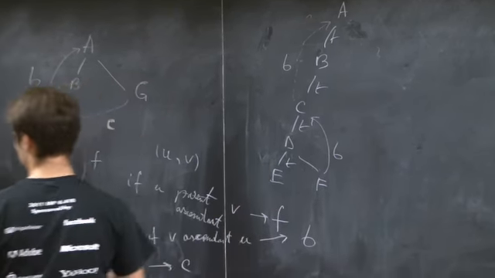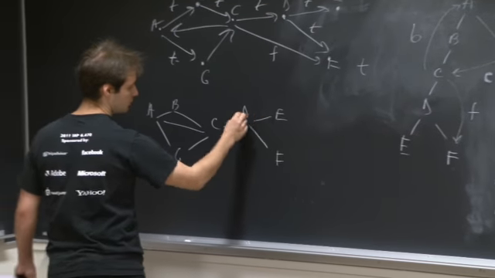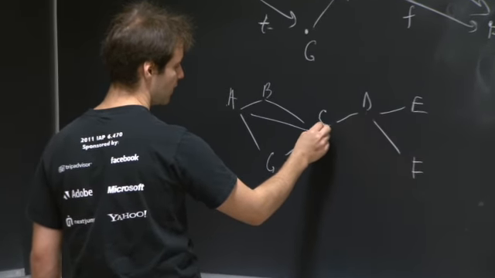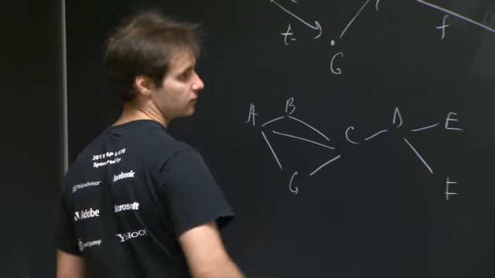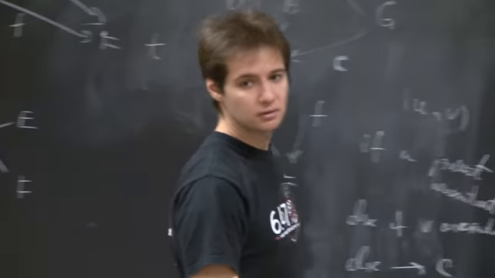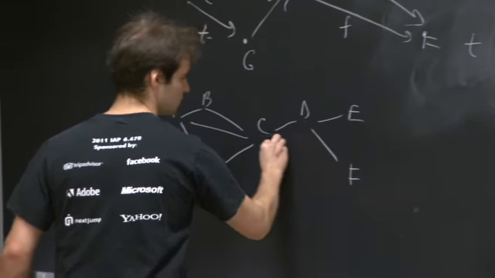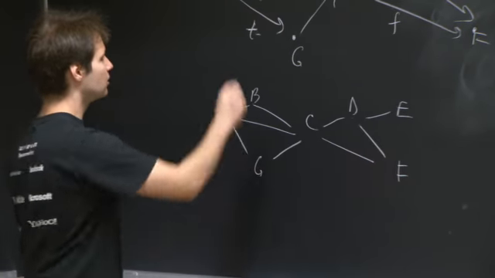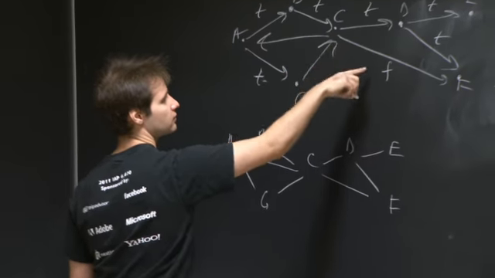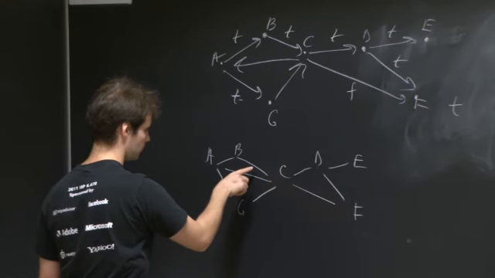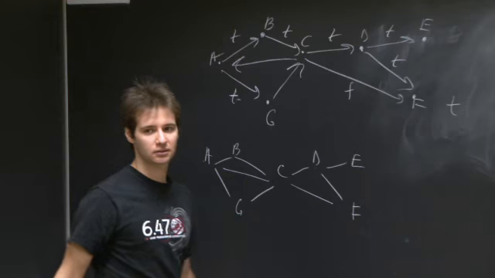So C to D, D to E, D to F, then we're back at C and C to G. Wait, was there supposed to be a line between C and F? Oh yeah. Sorry, I guess I can't copy. Okay, now it's right.